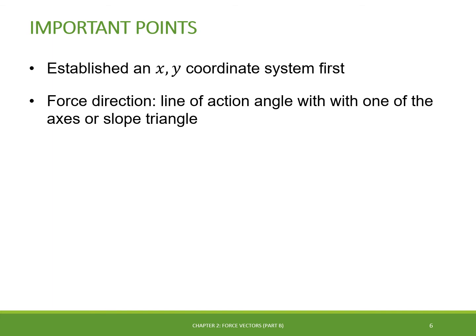The second important point is that the direction of each force is specified by the angle that its line of action makes with one of the axes, or by a slope triangle. Those are essentially the two ways we've learned here, and both can be used depending on the problem that we are trying to solve.